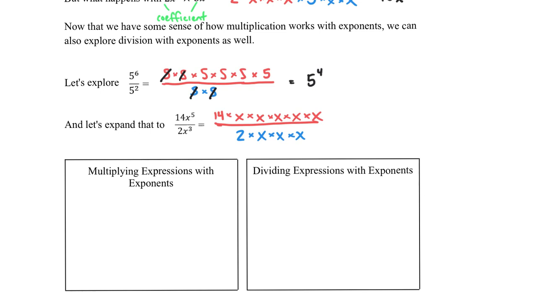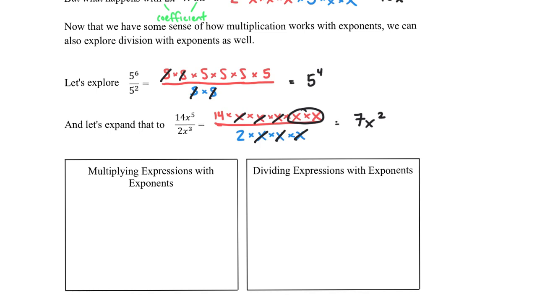So what do I have here? 14 divided by 2 is 7, so I can do that first. That's going to be 7. And then this x and this x reduce to 1, this x and this x reduce to 1, and this x and this x reduce to 1. What am I left with? 2 copies of x. So that's going to be x squared, which is 5 minus 3.